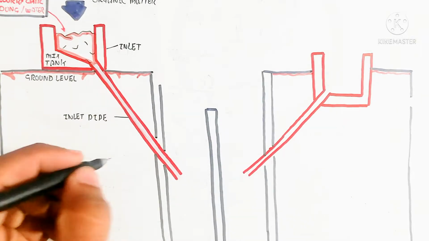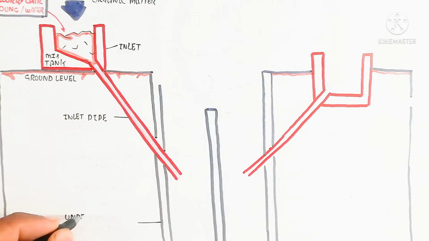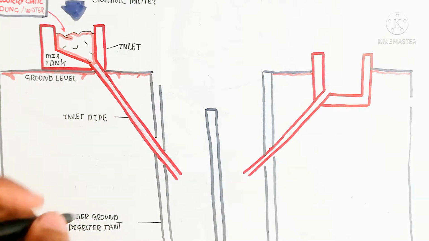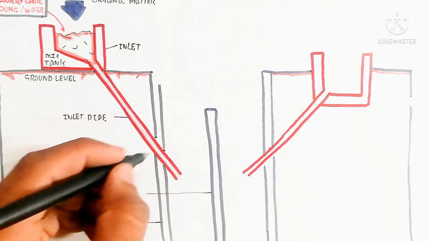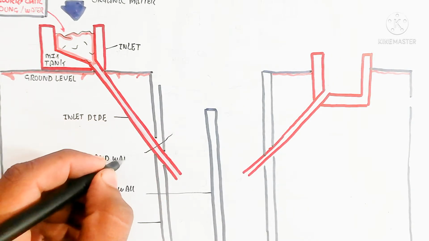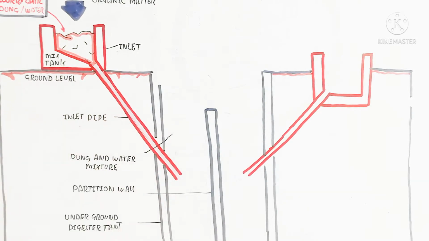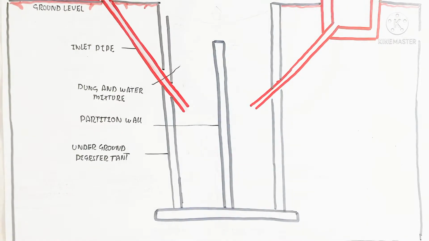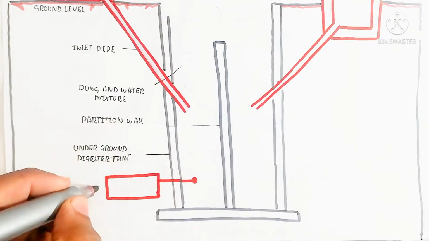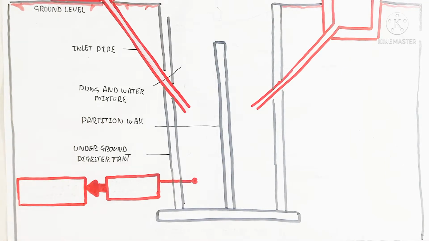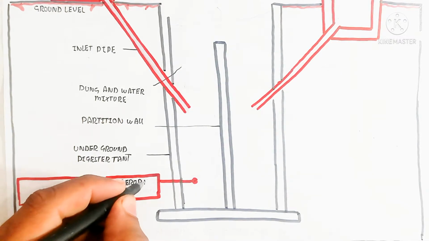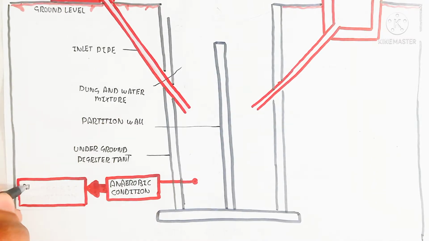In this way, here is the inlet pipe. The inlet pipe will transmit the dung organic matter into the floating gas holder type biogas plant, into the underground digester tank. This is the underground digester tank, which contains a partition wall, and anaerobic conditions occur.